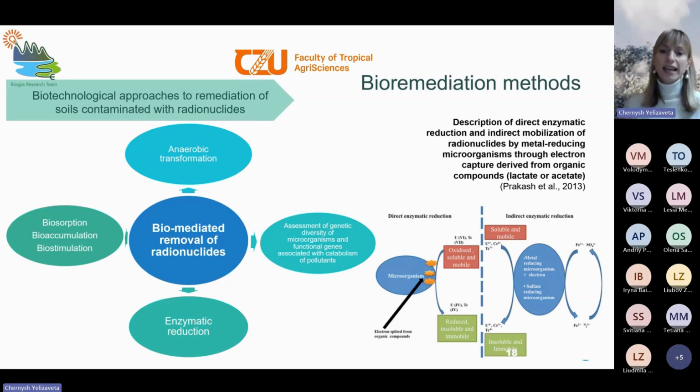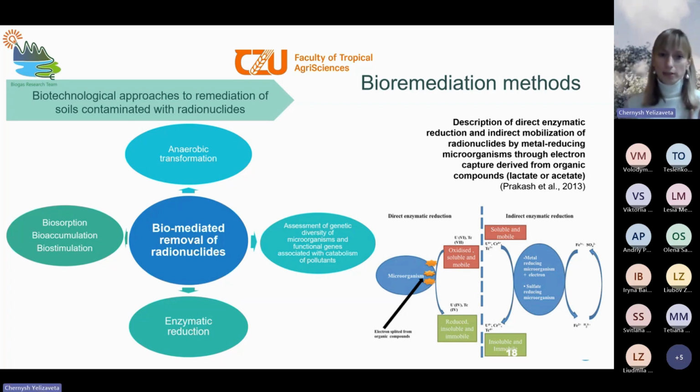That can be useful for realization of this approach, bioabsorption, bioaccumulation, biostimulation, and to effectively mobilize radionuclides and fix them, to reduce migration of these harmful elements, dangerous components, in the environment and ecosystem.